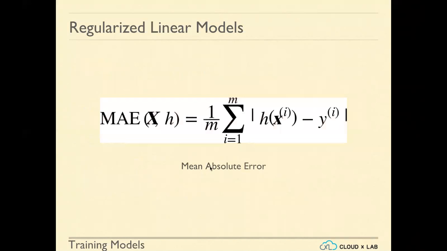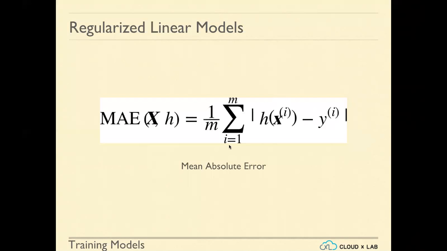It's nothing but saying that the overall mean error is equal to the summation of all of these values. And what are these values? Summation of what our model is predicting minus what is the actual, the absolute of it. Absolute means if it is negative, convert it into positive. So this value is always going to be positive.